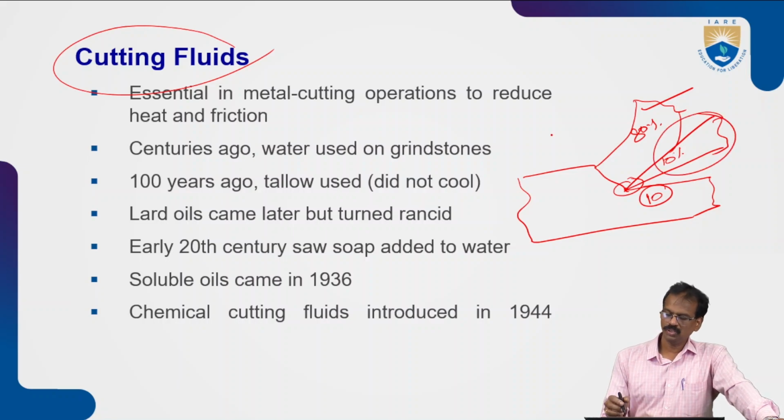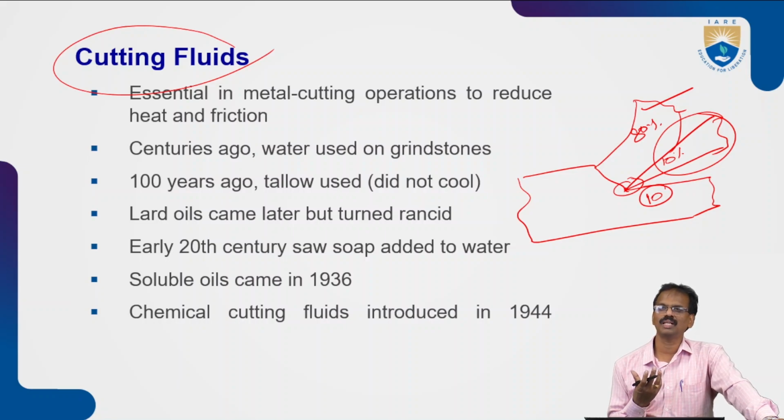Due to this rising heat, the hardness of the tool bit will decrease. When the hardness of the tool bit is reduced, automatically the wear rate will increase, so the tip of the tool will be spoiled.